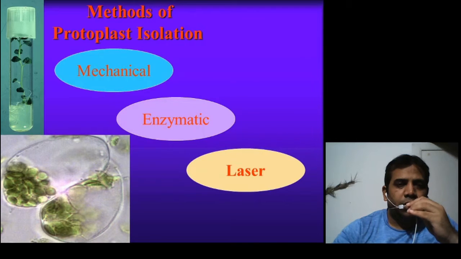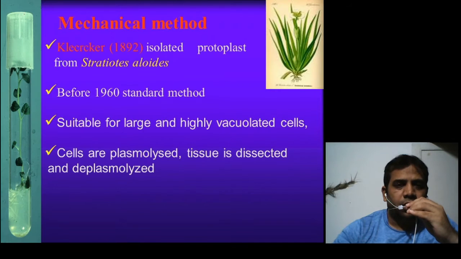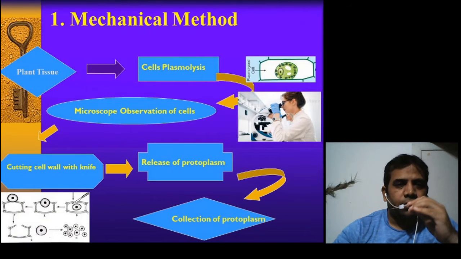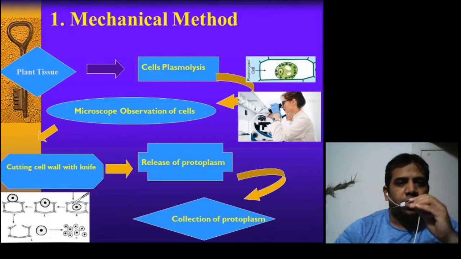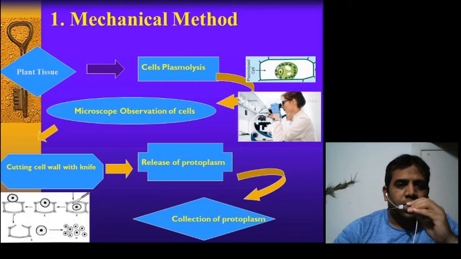Basically, there are three methods of protoplast isolation: mechanical, enzymatic, and laser. The mechanical method is suitable for cells having a large amount of vacuoles, in which the cells are plasmolyzed, the tissue is dissected with a fine blade, and they are deplasmolyzed again. This is a flow chart of the mechanical method. Plant cells undergo plasmolysis in a hypertonic solution. They are observed under the microscope, and those cells which get plasmolyzed are cut with a blade.